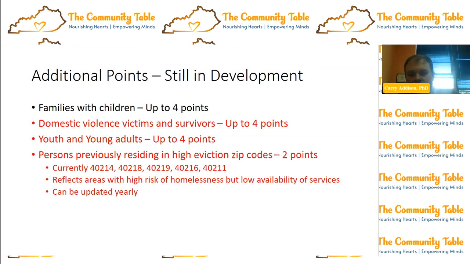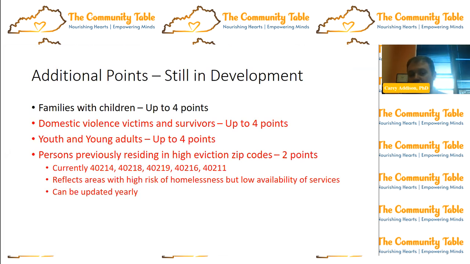So we're working to integrate with HMIS to give some priority for people who come from a high eviction zip code. Currently, the top 5 highest, I believe, are 40214, 40218, 40219, 40216, and 40211. If you look at a map, that primarily reflects both south and western parts of Louisville and the metropolitan area.